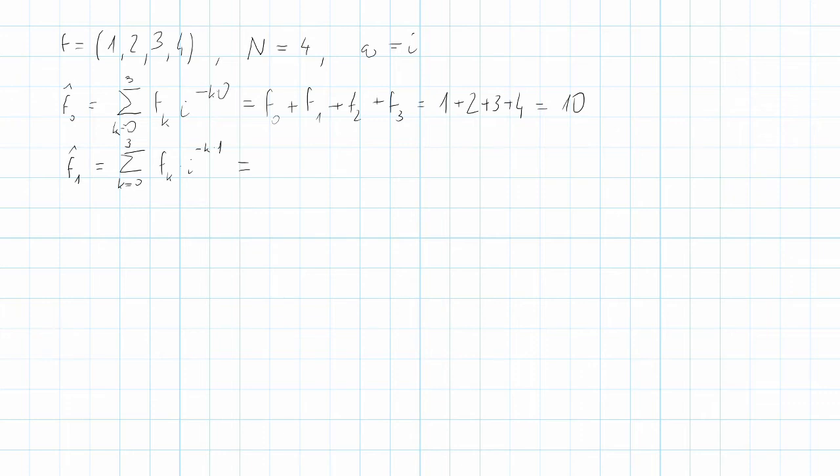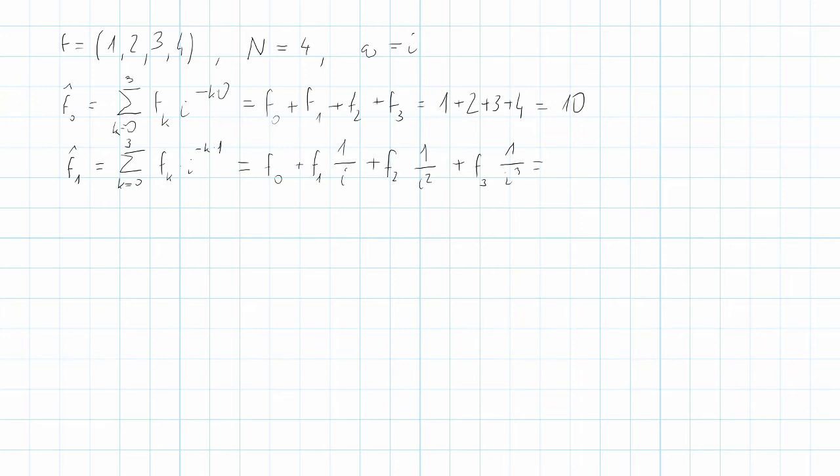So it's f0 times i to the 0th power, so f0 times 1, plus f1 times i to minus 1, so 1 over i, plus f2 times i to the minus 2nd power, so 1 over i square, plus f3 times i to the power minus 3, so 1 over i cube.